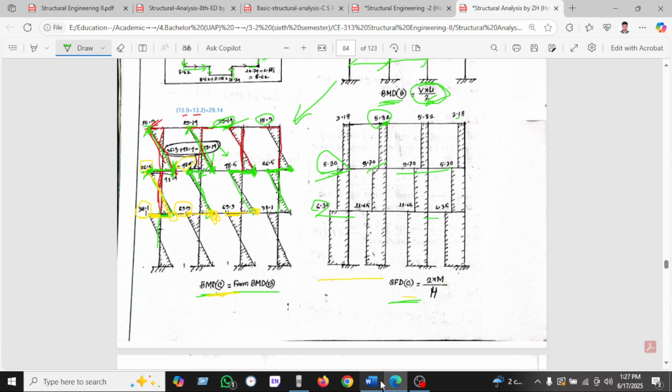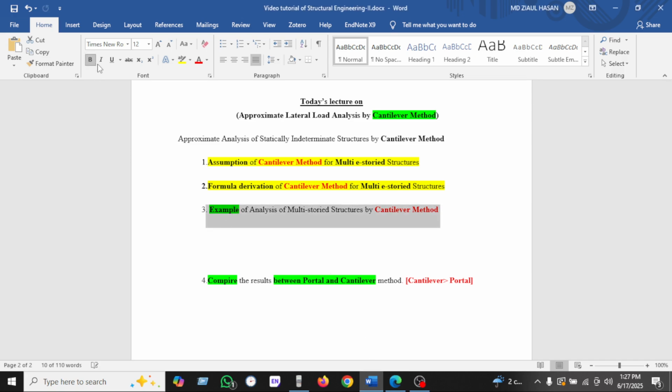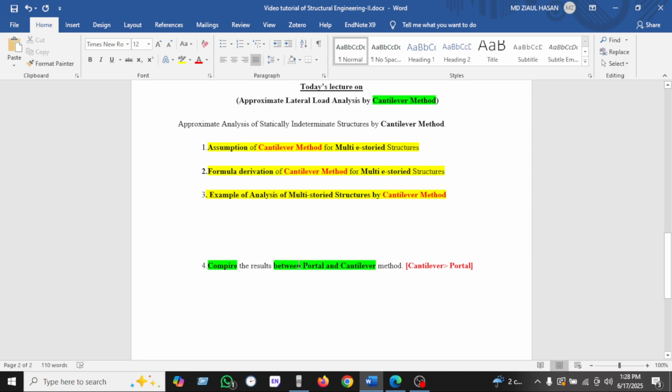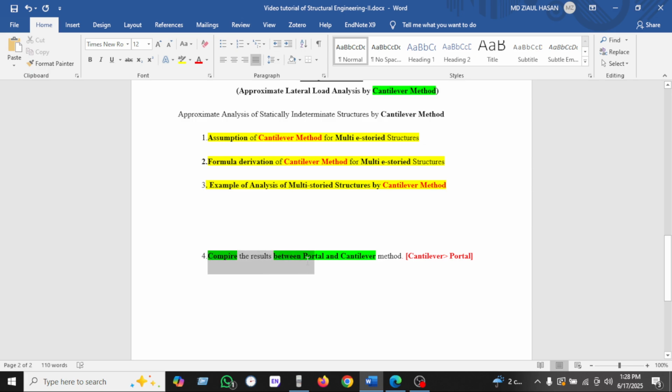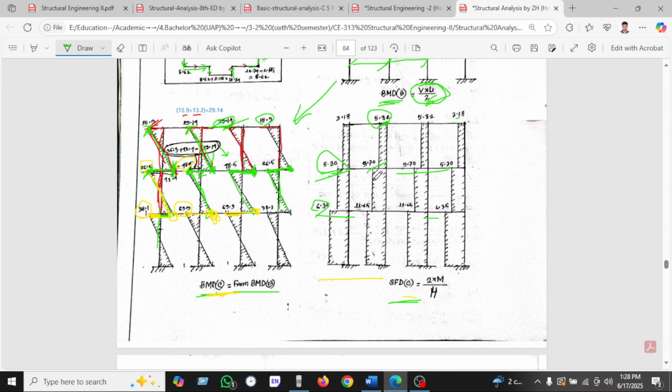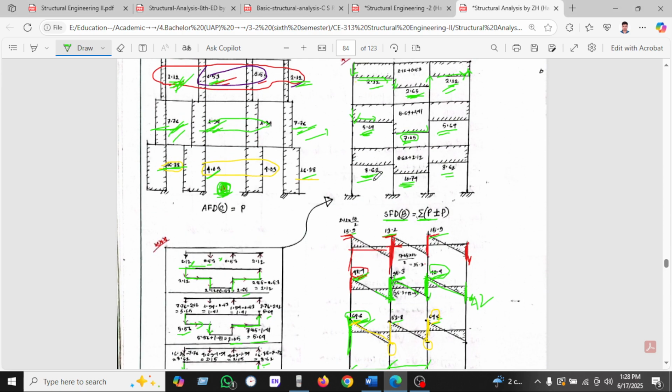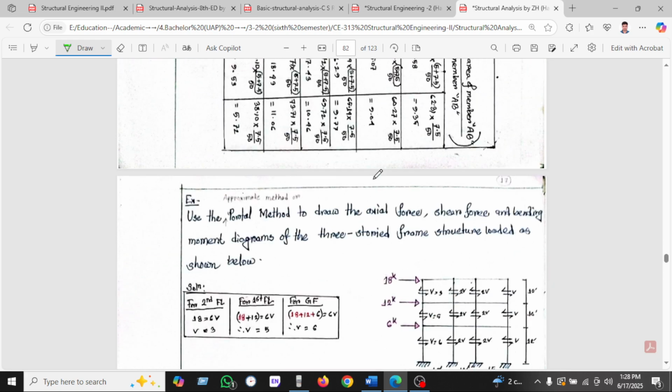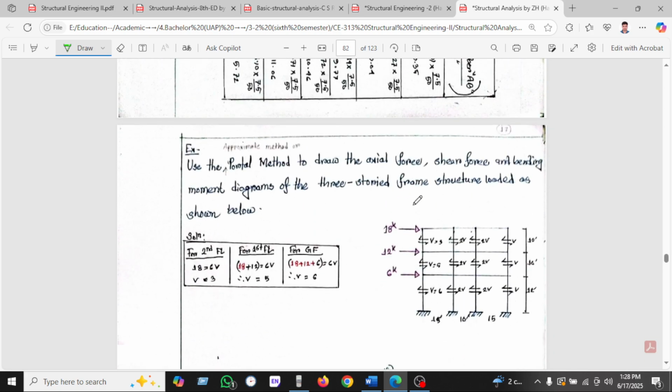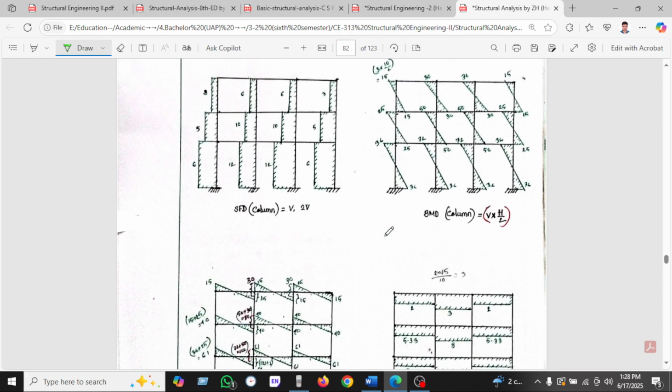So now this is the prime objective of this lecture, for example the analysis of a multi-storied building. Now we will compare the results between the portal method and the cantilever method. Okay, let's see here. This is the portal method we have shown here.